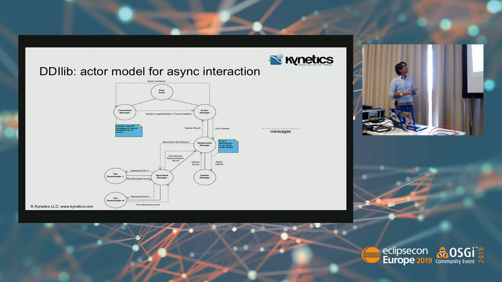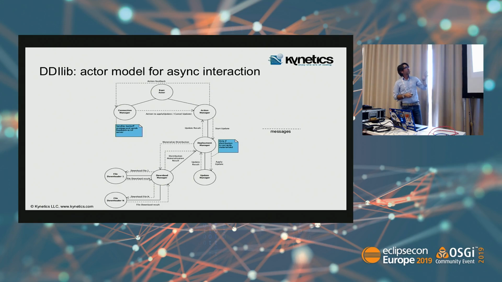Because the interaction has to be asynchronous, because there are a lot of things that can happen simultaneously, we decided to use an actor model design for the DDI lib. The DDI lib, remember, is the core library that the service is using to communicate with the hawkBit server.